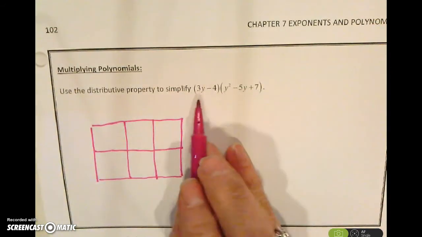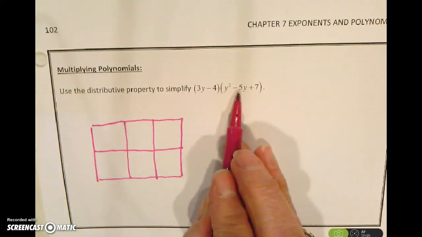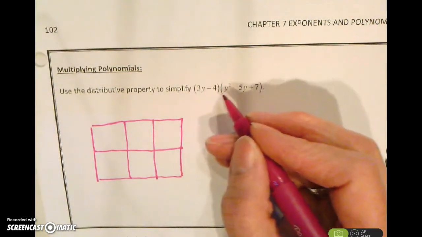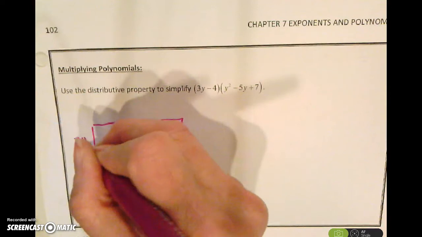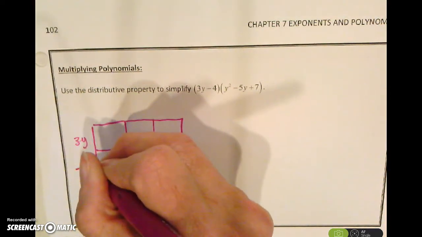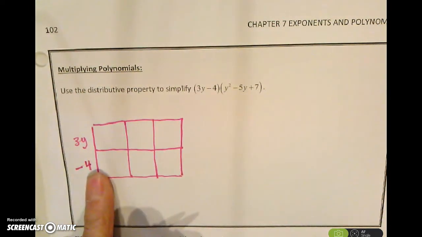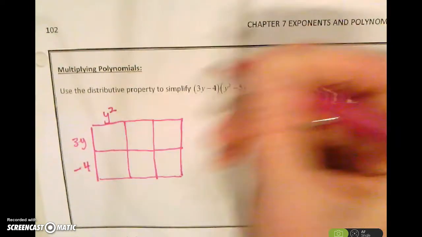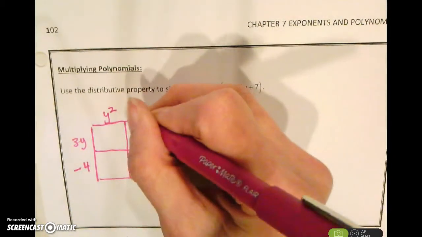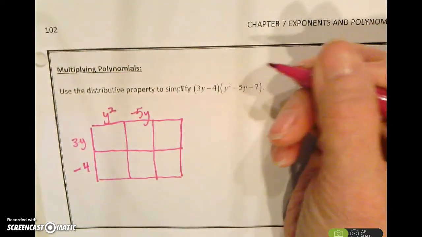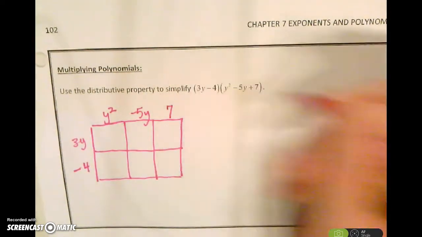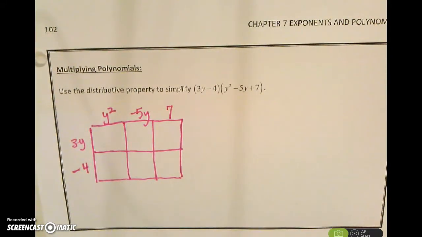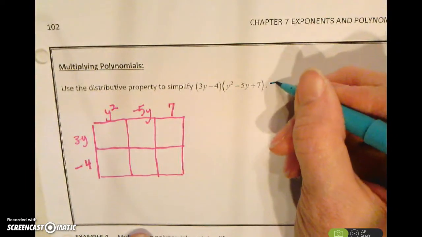So now just multiplying polynomials in general, let's take a look again with our area situation. So I have 3y minus 4, which is represented here. And when I have the minus 4, I'm going to put negative 4 right here. And then my y squared is going to go above the first column, and then a minus 5y in front of the second, and then a positive 7 right here. So when I do this, that's going to represent this.